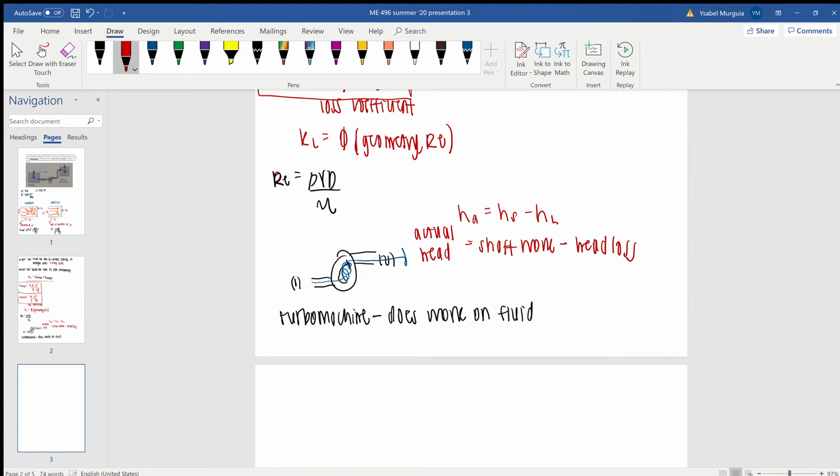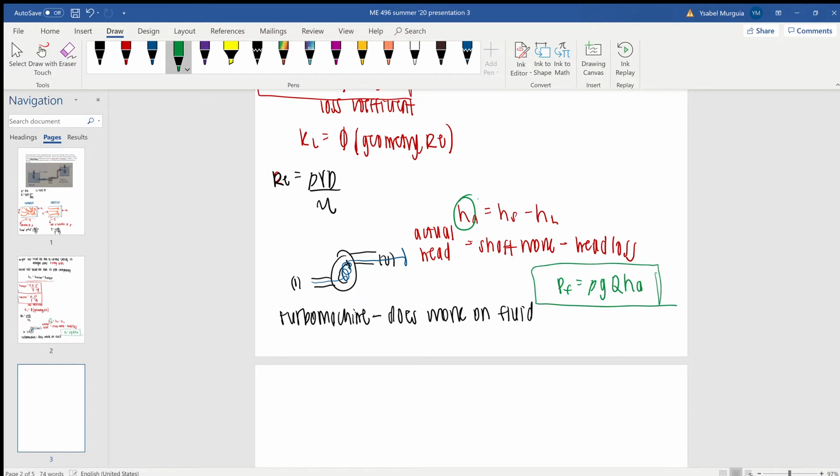Okay, and then another equation that we will use for this pump, I will write in green. The power equals rho G Q and then HA, which we defined over here. And this is the power done on the fluid by the pump. So we would do the density times gravity times the volumetric flow rate times the actual head of the pump. And we are going to also use this equation.